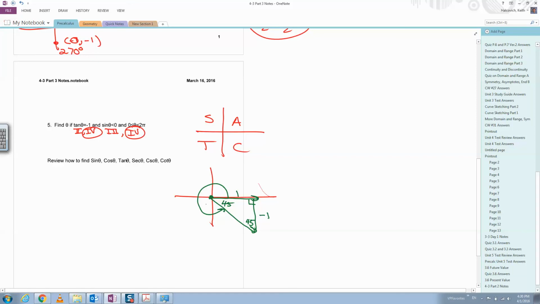And since the reference angle is 45, that means the actual angle theta has to be 360 minus 45, which is 315 degrees. That is theta. And in radians, 315 degrees, if I multiply times pi over 180, will give me 7 pi over 4. And that is the final answer.